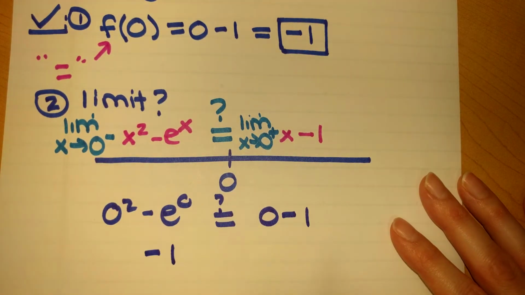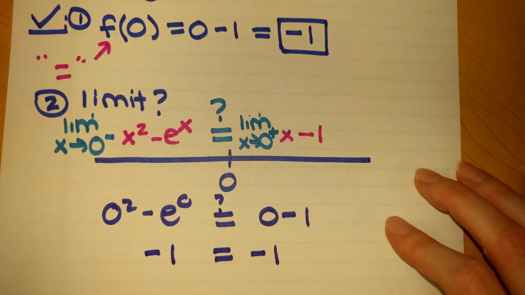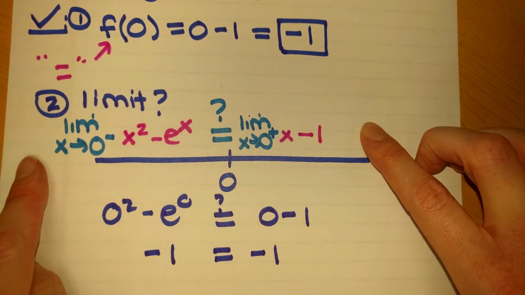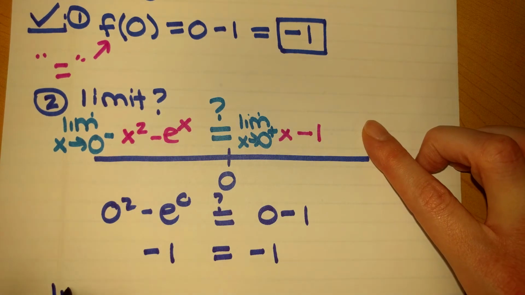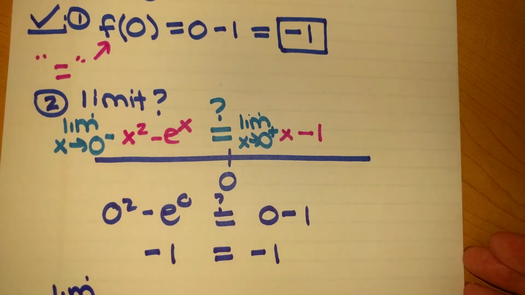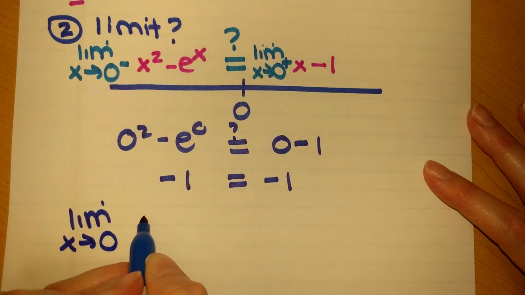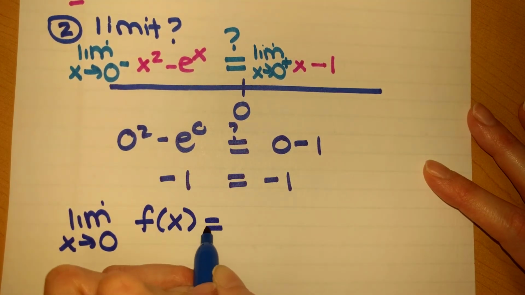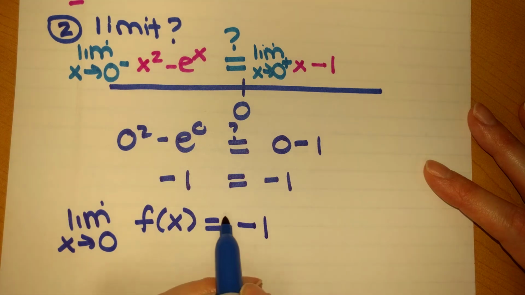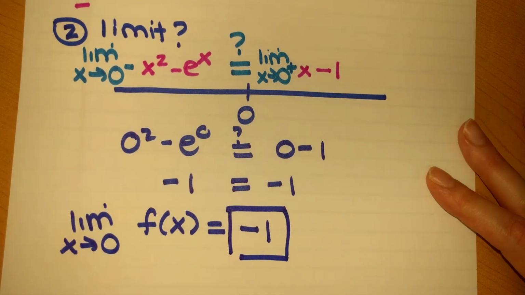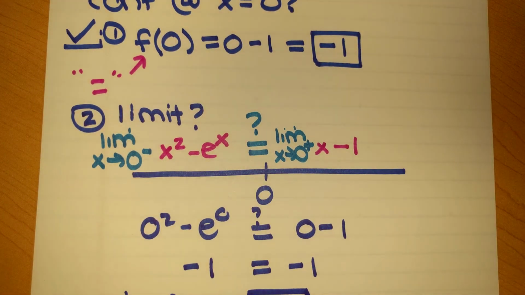Remember, e to the 0 is 1, so that equals negative 1. So what that tells us is that the two one-sided limits are equal to negative 1. And so therefore, the two-sided limit, x going to 0, of this function f of x will be equal to negative 1.